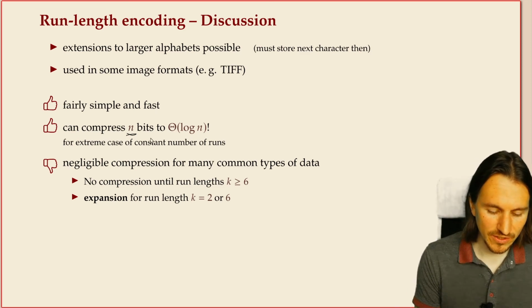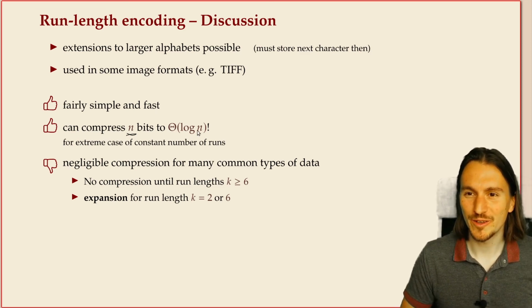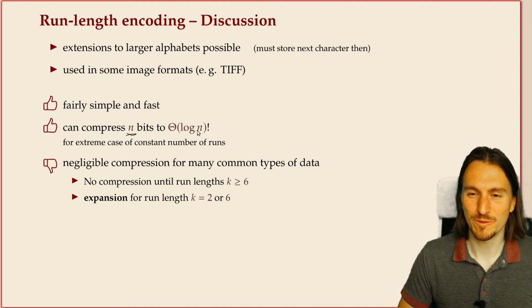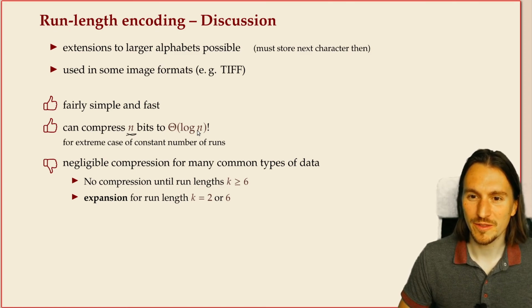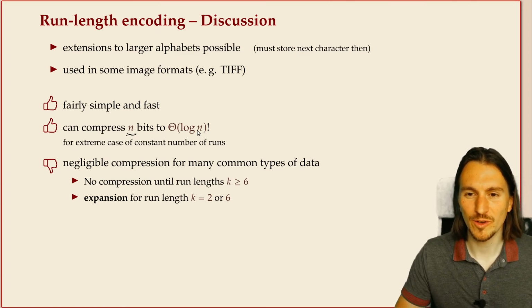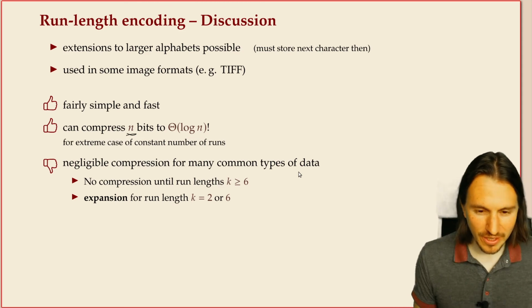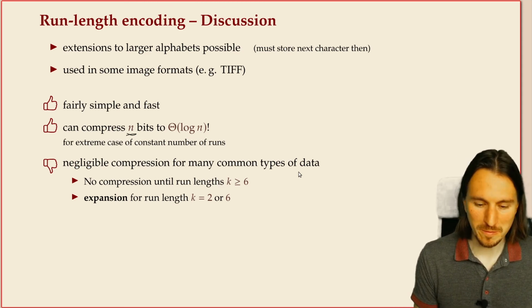But the potential gain from run length encoding is much, much bigger than what we've seen before with the character encodings. There's no way you get sublinear with any of the character encodings, whereas with run length encoding, you could potentially get exponentially smaller. However, for typical types of data, if used in isolation, it doesn't really give good compression.